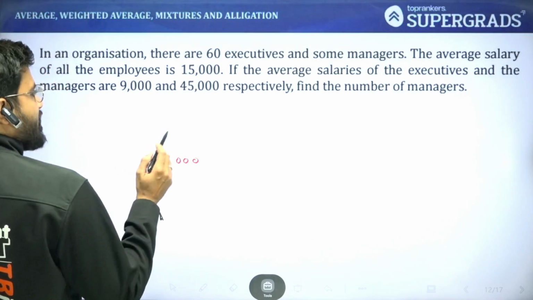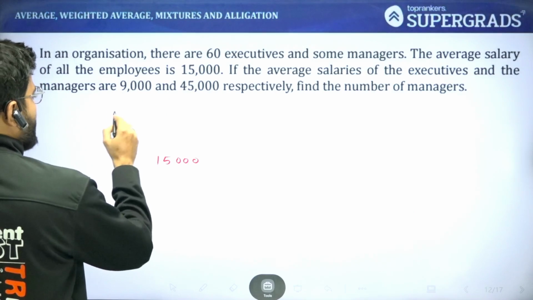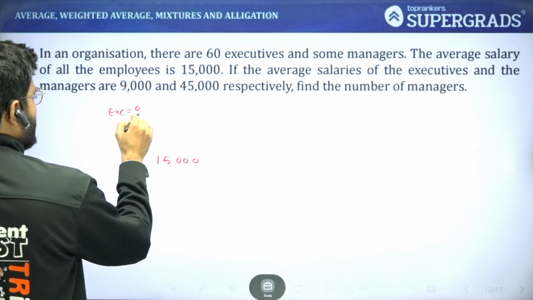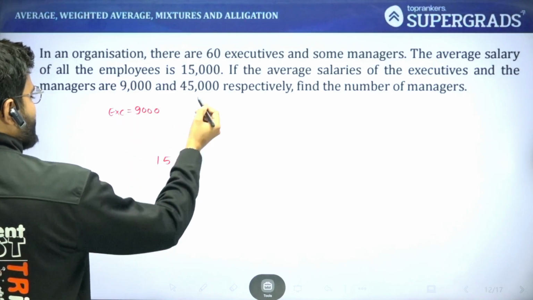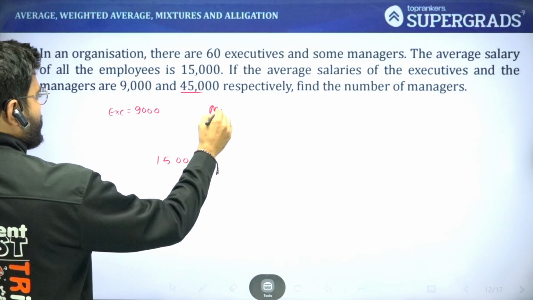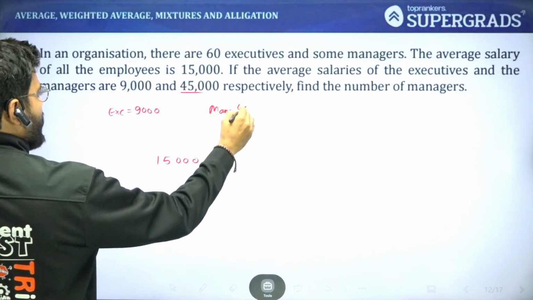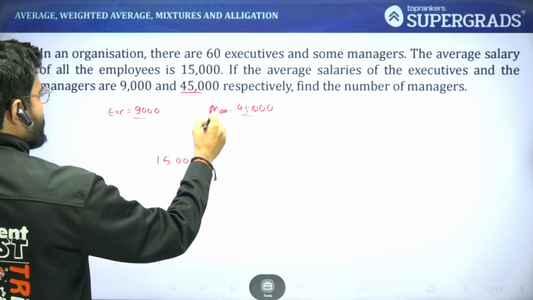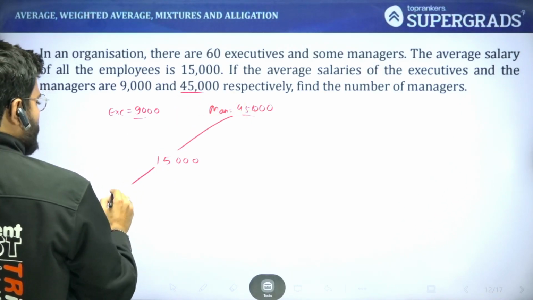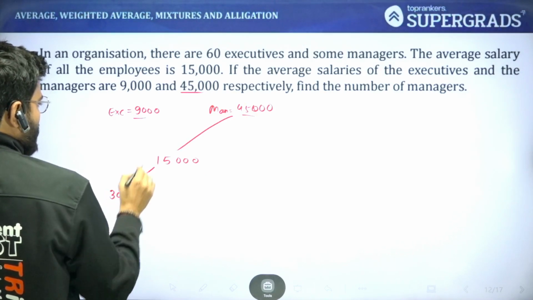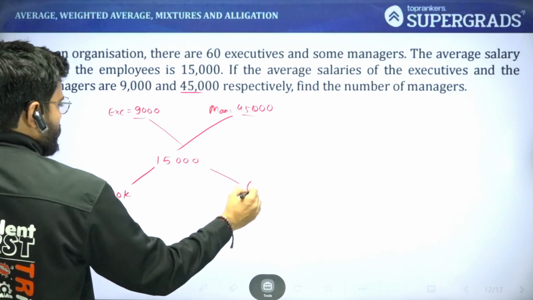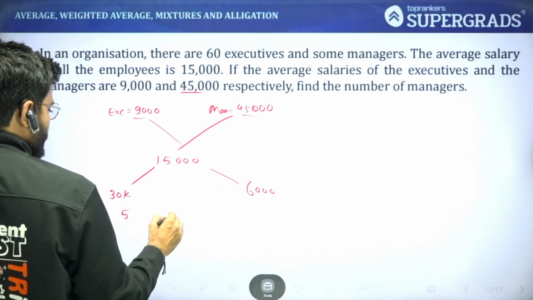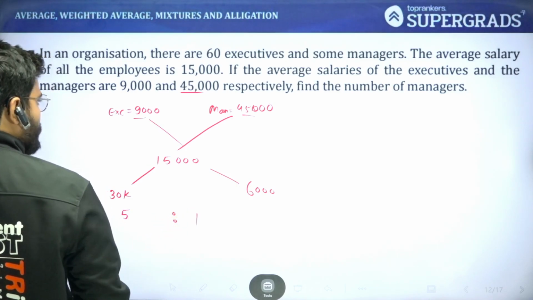If the average salary of executives and managers are 9,000, so the salary of executives is 9,000 and the salary of managers is 45,000. So this is the cheaper value, this is the costlier value. The difference between these two gives me 30,000. The difference between these two gives me 6,000. So the ratio is 5 is to 1.